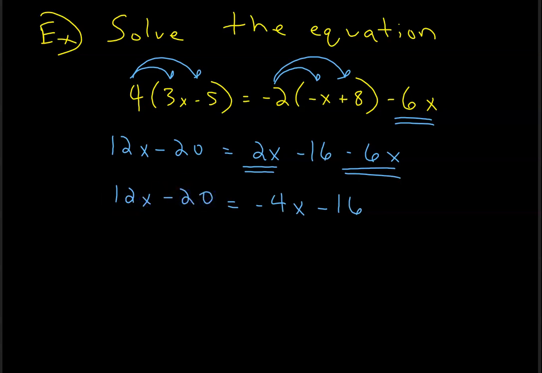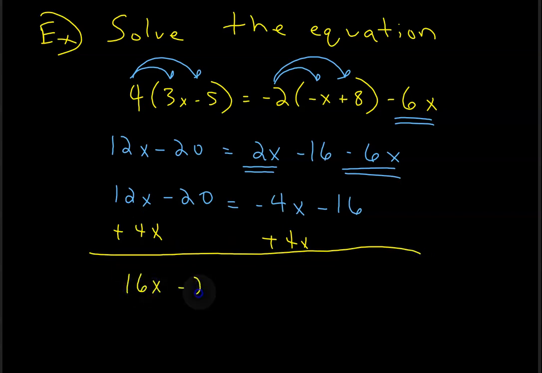All right, so to begin, I want to get all the variables on the same side. So I would add 4x to both sides. And then 12x plus 4x is 16x, subtract 20 equals negative 16.